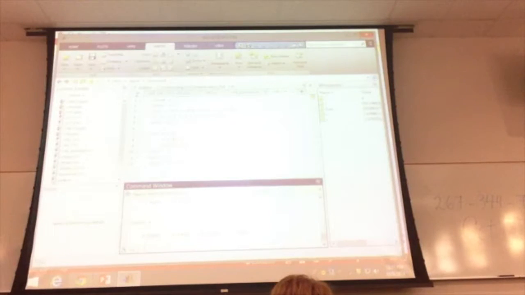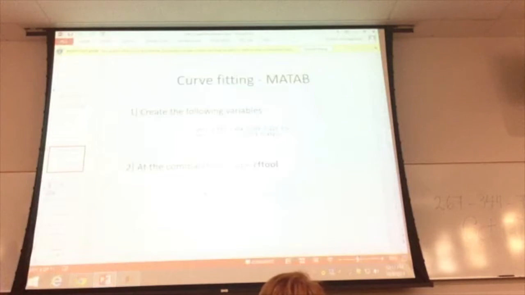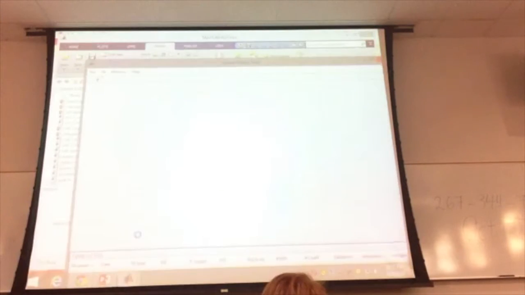Right? For example, I could type 4 times 2, and it would say answer equals 8. All right? And what I'm asking you to do here is type cftool at the command line. So let's type cftool at the command line, and it'll open up something called the curve fitting toolbox.